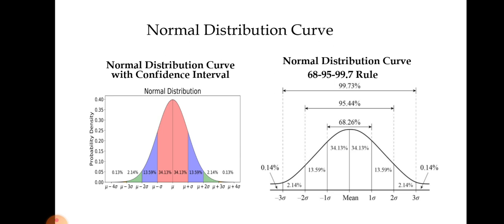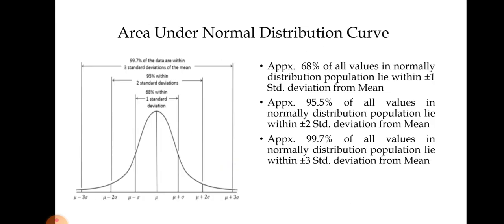If we make the sum, it gives us 49.86%, and on that side also again 49.86%. Combined it gives us 99.73%, and the 99.73% of values under the normal distribution curve lie within a range of plus 3 standard deviations and minus 3 standard deviations from the mean.